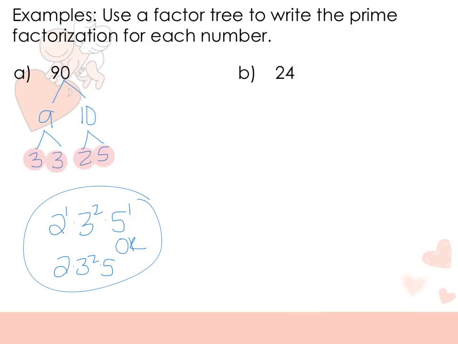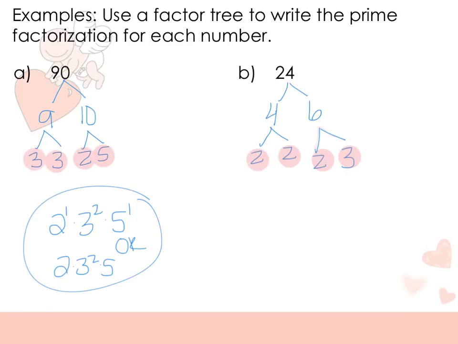And then when you're ready, move on to 24. 24 breaks down into, again, multiple ways to do this one. I usually see people looking at 4 times 6, which gives you 24. Not prime, but 4 can be broken down into 2 and 2, which are prime. 6 breaks down into 2 and 3, which are also prime as well.